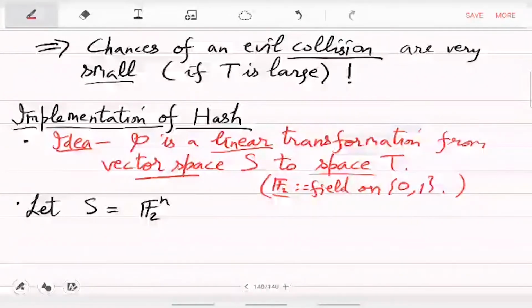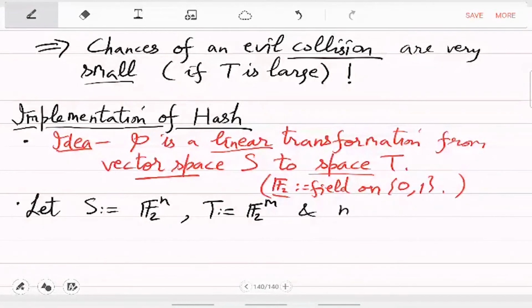With that understanding, bits have now turned into algebraic objects. So S is F2 to the n, T is F2 to the m, and n is bigger than m. So, a large space to a small space.